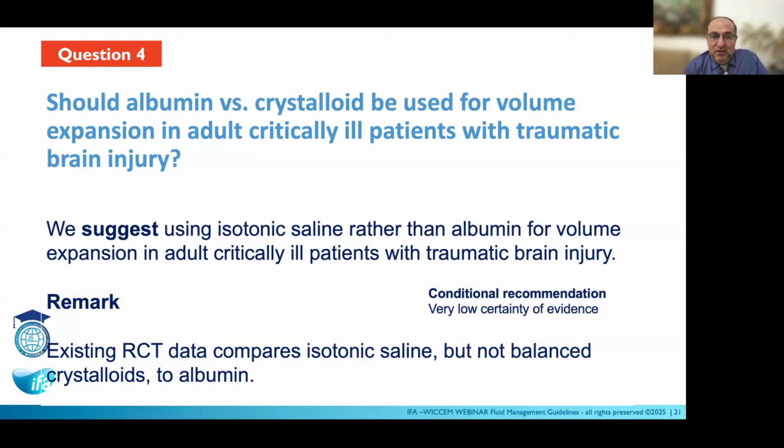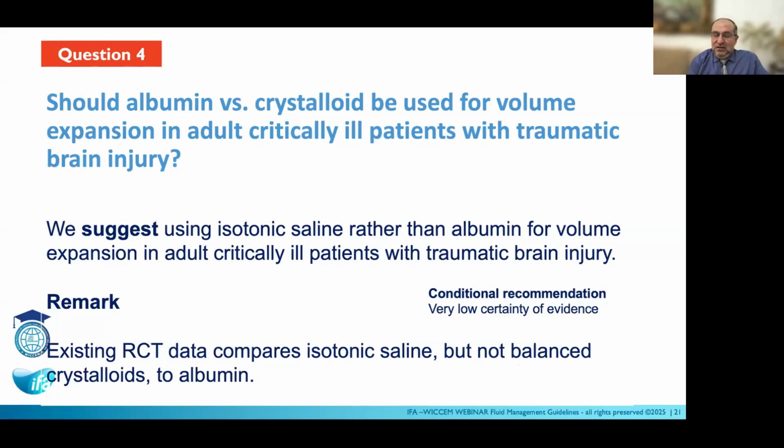And based on this, the panel suggested using isotonic saline rather than albumin for volume expansion in adult critically ill patients with TBI. I want you to note here that we started with the PICO saying albumin versus crystalloid. We ended with a recommendation of isotonic saline, not crystalloid. The reason for this is there are no studies using balanced fluids, and probably there will be no studies using balanced crystalloids in traumatic brain injury.